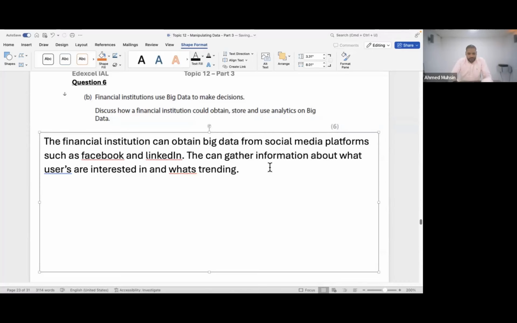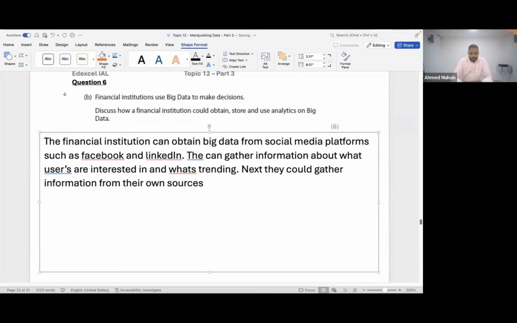The financial institution can gather information about what users are interested in and what's trending. Next, they could gather information from their own sources.